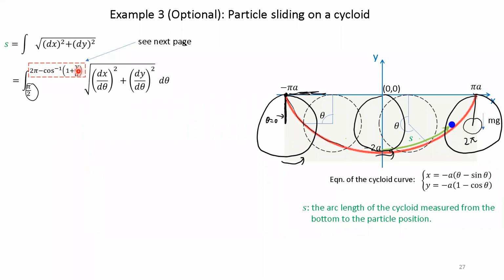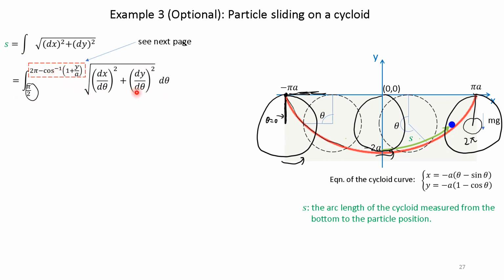Here I'm trying to find the relation between s and y. So you can imagine that after I carry out this integral, I will have an expression that is a function of y, so s equals something in y. Then I can go back to find y in terms of s. So this is the upper limit.